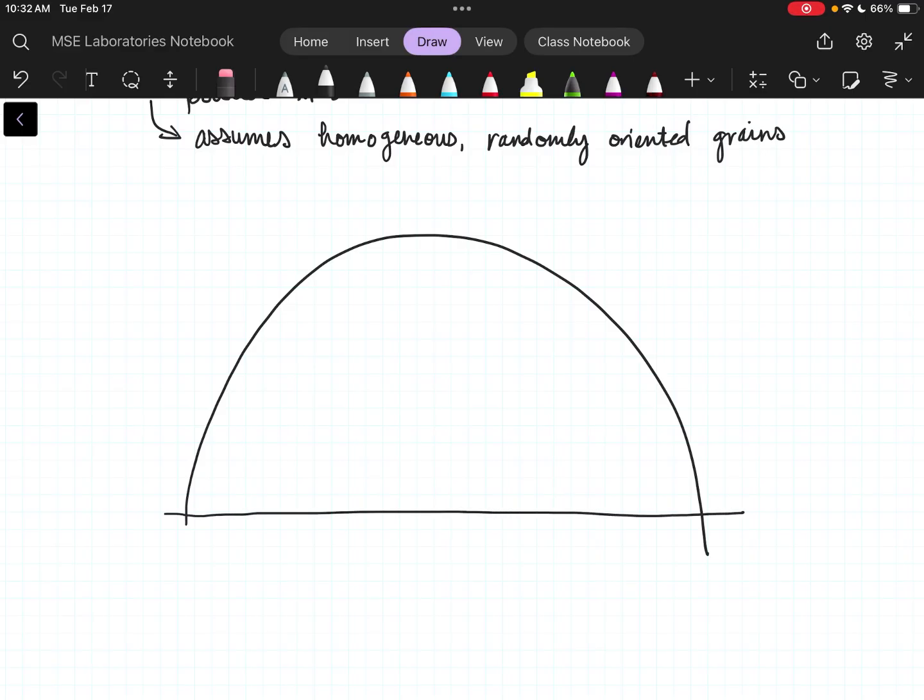So this starts with something called a goniometer, which is measuring the angle in a circle. I'm drawing this by hand, so please forgive my not circular circle here. But we've got a half circle.